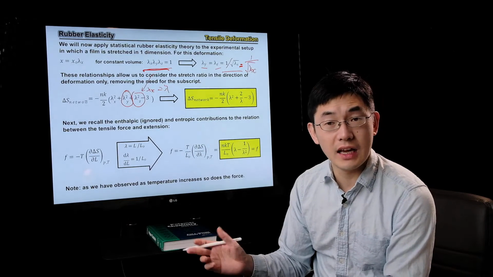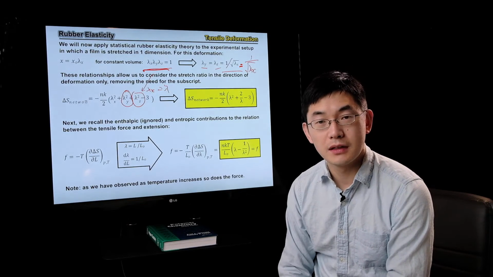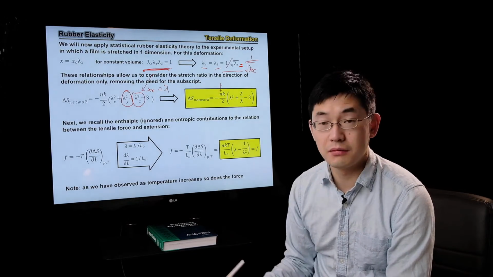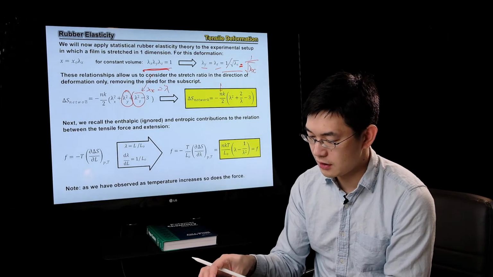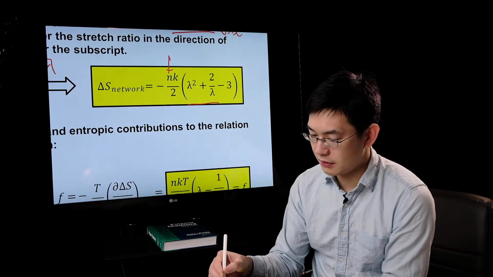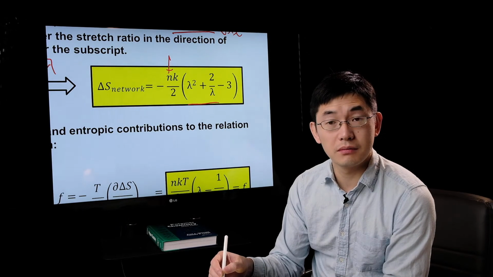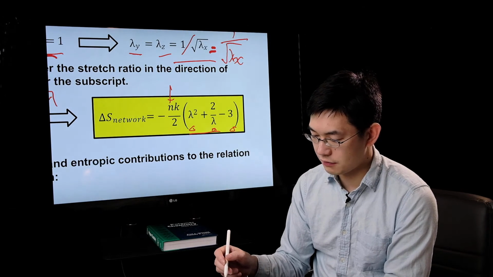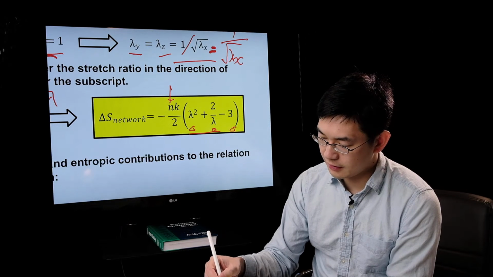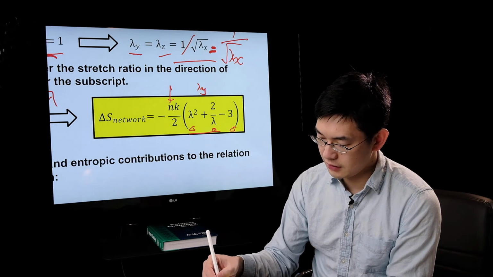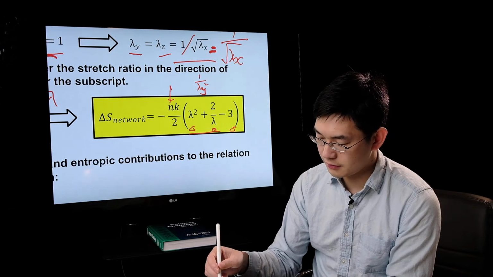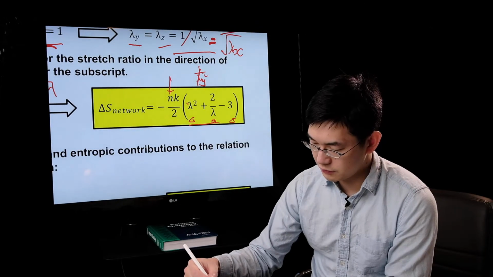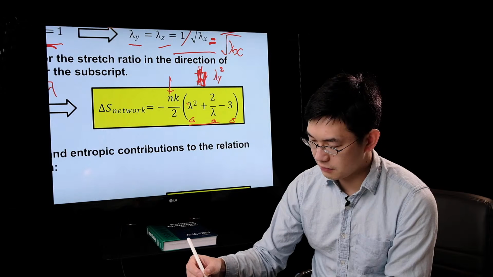So the entropy of the network is very simple. It's going to be proportional to n, how heavily you cross-link your system, and lambda squared plus 2 divided by lambda minus 3. We know what these two are, but where does this come from? This comes from lambda y squared.